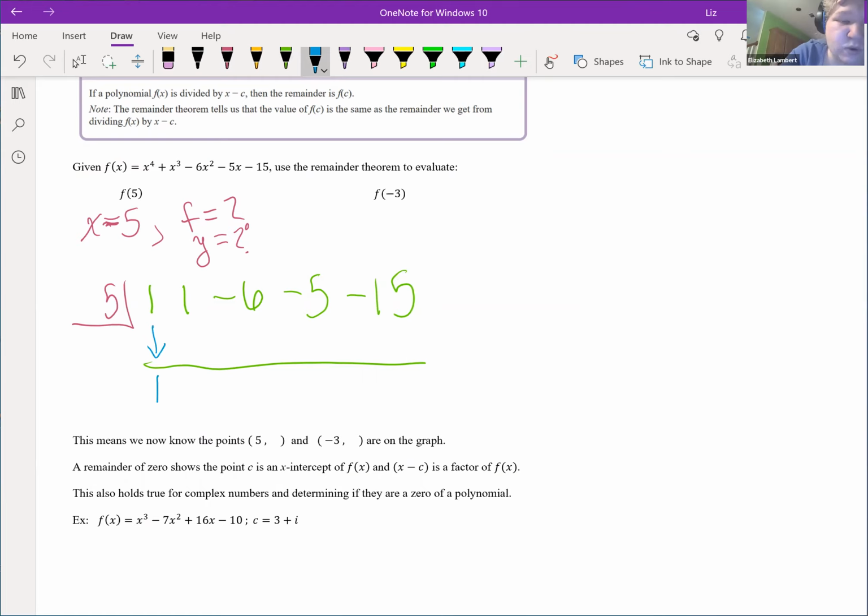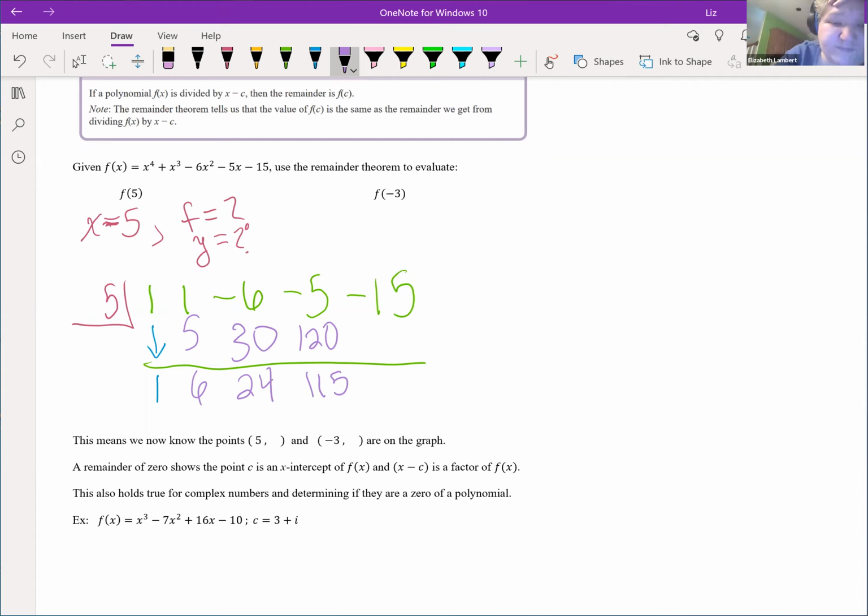Bring it down, 1, multiply. 5, 6, 30, woo! So this is 24 now, oh my good Lord. 5 20s is 100, 5 4s is 20, so this is 120. And that's 115. This is where I would get the calculator.